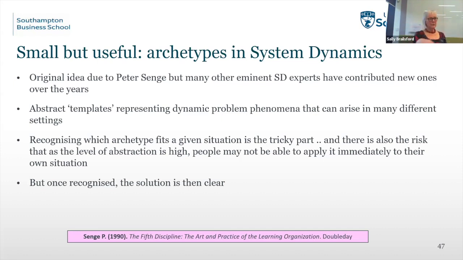If you understand the archetype, it really extracts the essence of the problem in such a way that you can see what the solution is. Of course, because they're very abstract, you have to spot which one is the right one for your situation and then apply it. But if you do, then it's clear how to solve the issue.